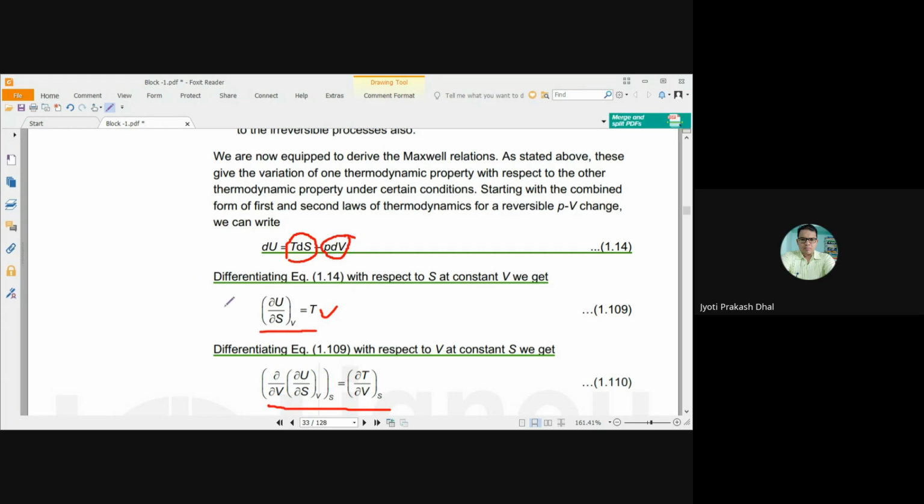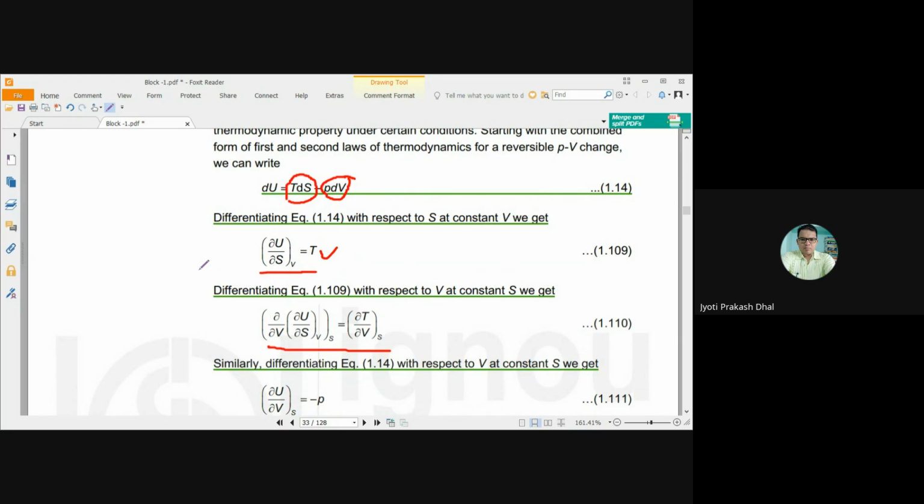So this is the first equation. We have found that del U by del S at constant volume equals T.